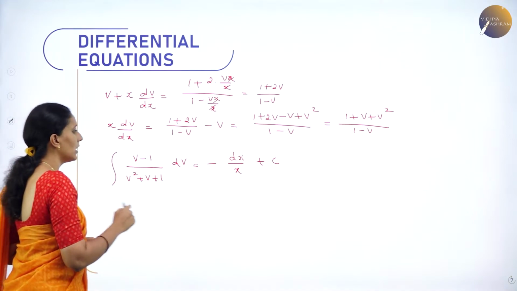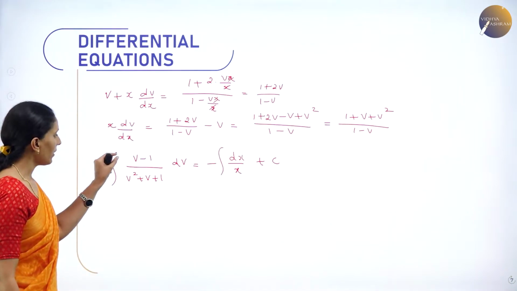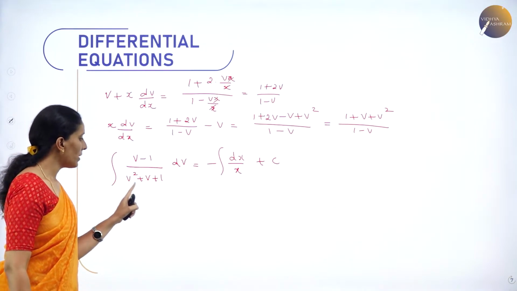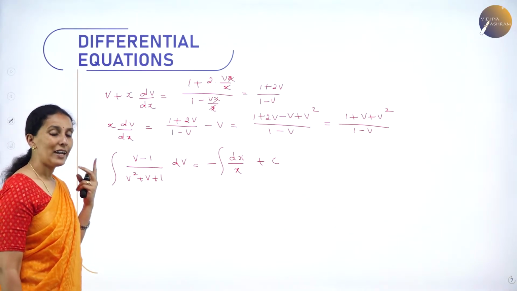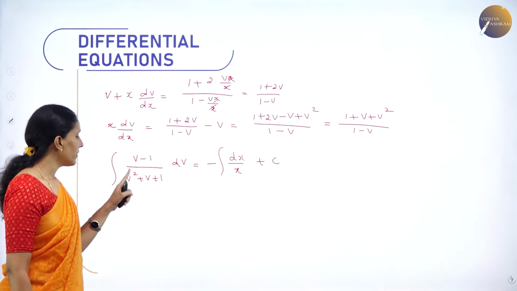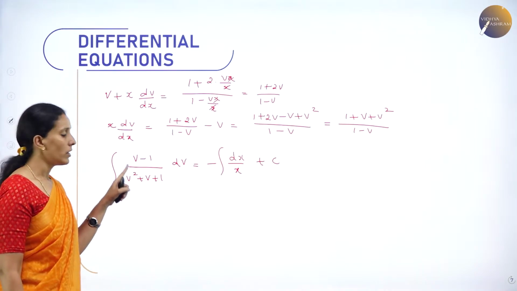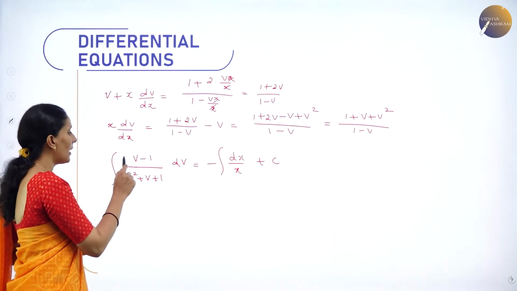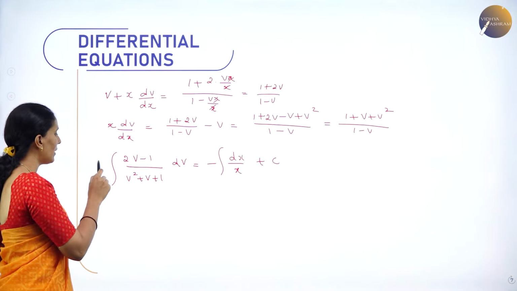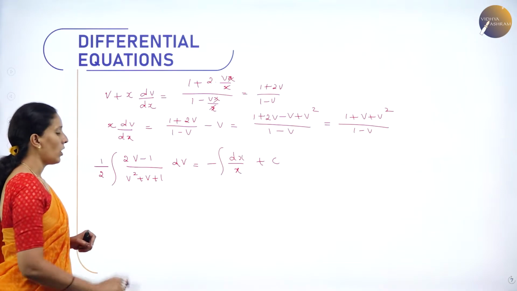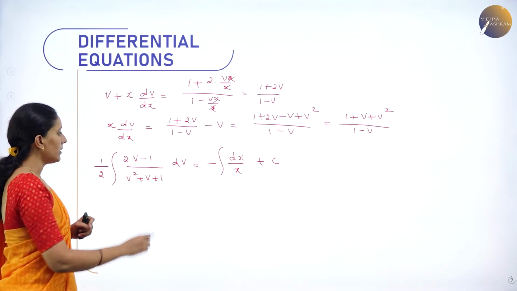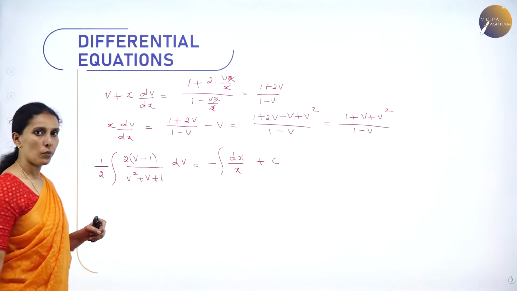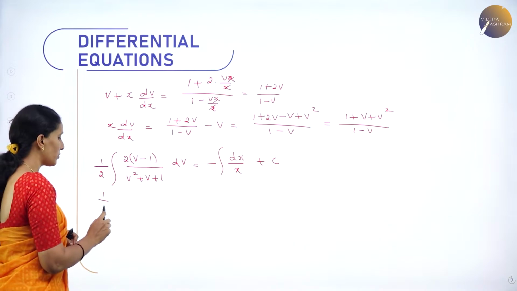Let us apply the integration here. Now here I have v minus 1. So if I take v square plus v plus 1 as a function, then the derivative is 2v plus 1 form. So for that purpose, what I will do here is, I will multiply by 2 here and divide by 2 outside. So then what happens here? Here I will get 2v minus 1, and here 1 by 2.